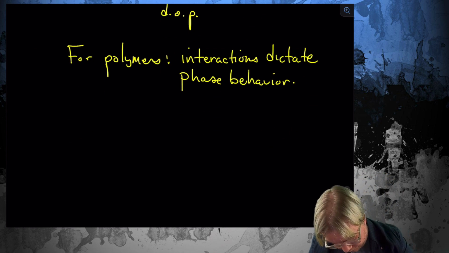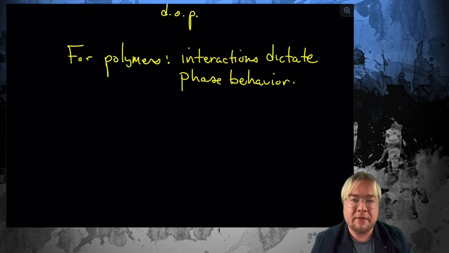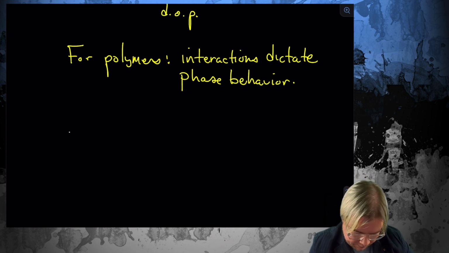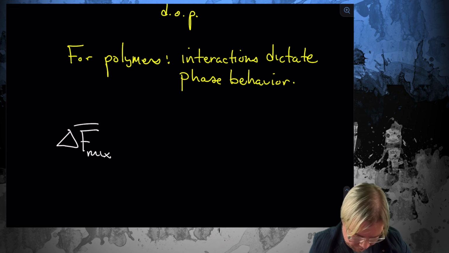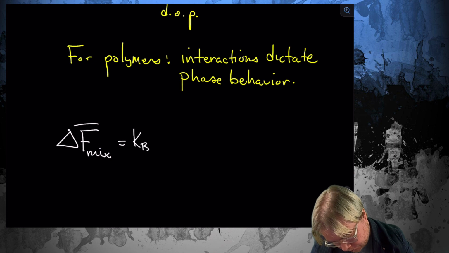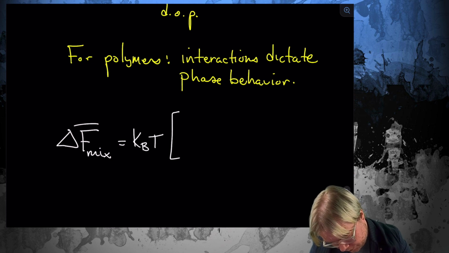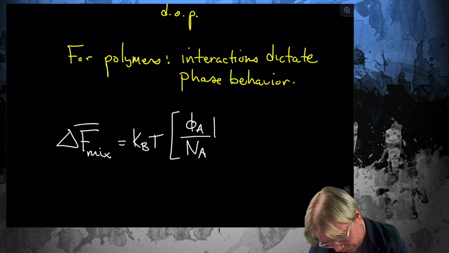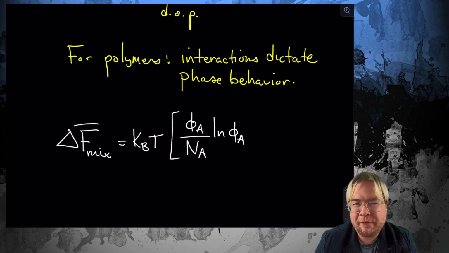Okay, so let me one last time write down this equation and then we'll end. This is it for today. The change in free energy upon mixing, in other words, the free energy of mixing, is equal to kBT, phi A over the degree of polymerization of A, log phi A. And instead of writing phi B, let's just write 1 minus phi A, right?